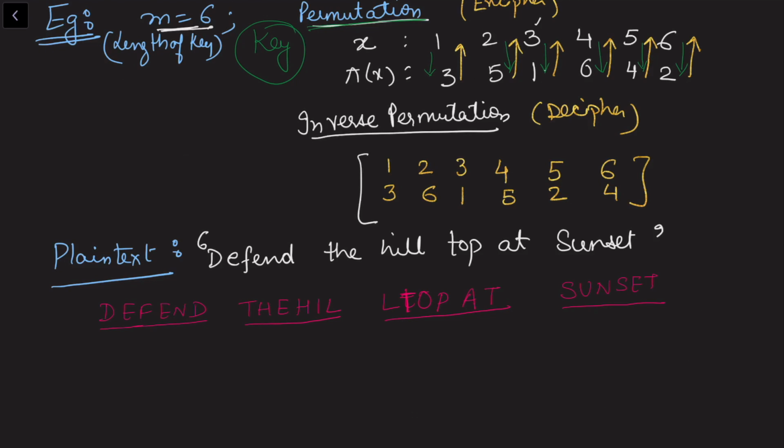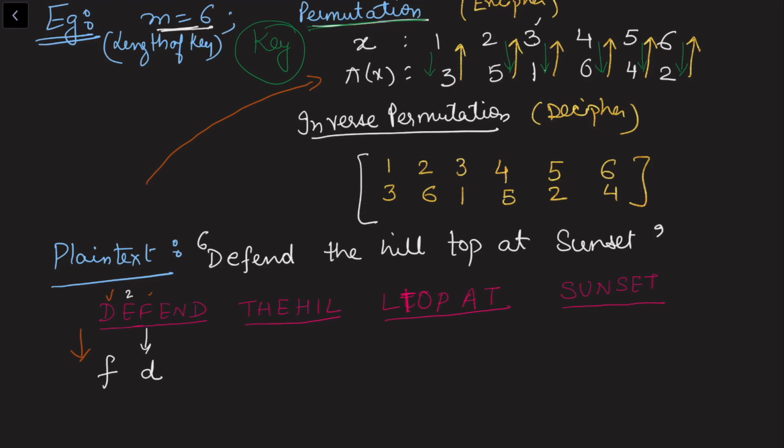If I look at the mapping given to us here, it says that 1 goes to 3, so the first letter goes to the third position. That means D goes to the third position, and 3 goes to 1, so F goes to the first position. 2 goes to 5, so the letter in the 2 position goes to 5.